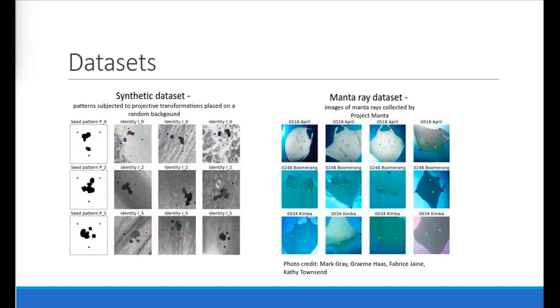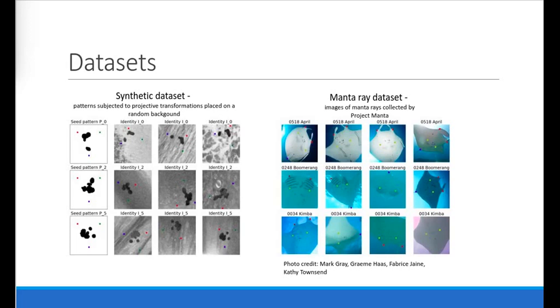Now I'll discuss the datasets used in the experiments. We verify ideas on a synthetic dataset first, as it gives the ability to control the number and variety of examples. Then we test on the dataset of real images of manta rays. The design of synthetic images is inspired by manta rays' belly patterns, but doesn't aim to replicate it.